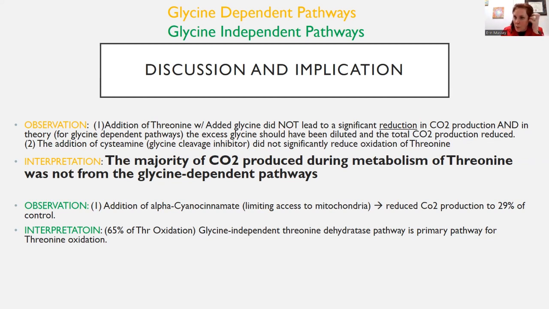So your glucogenic pathway is actually doing the majority of the work, because we had an inhibitor that would stop glycine from being utilized in the pathway. But we still got oxidation.